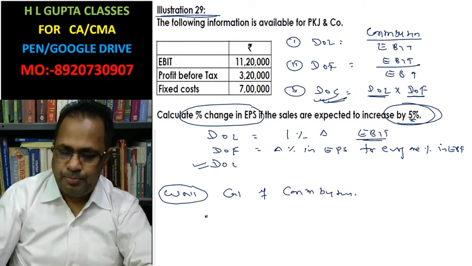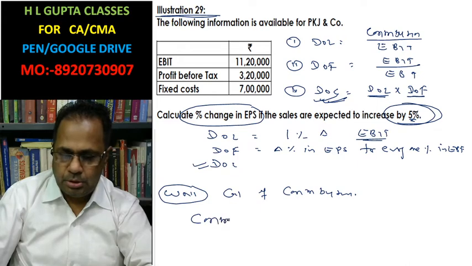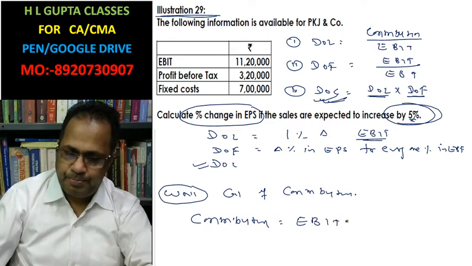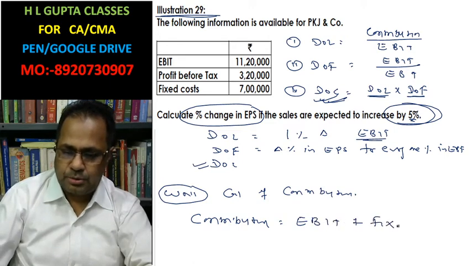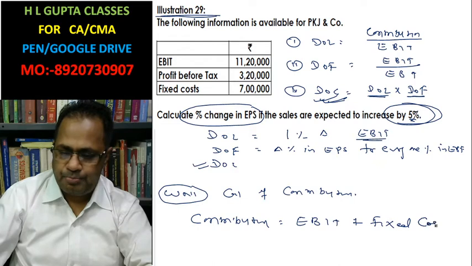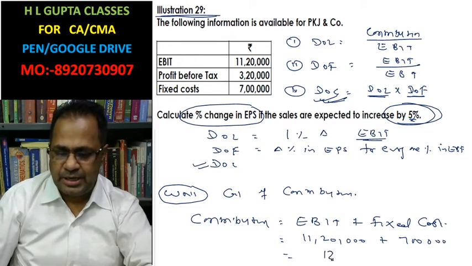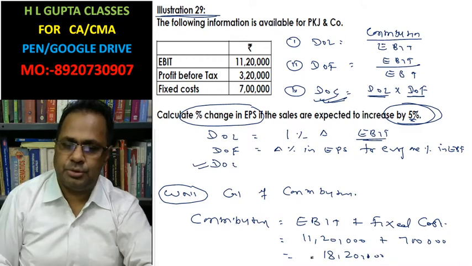Contribution equals EBIT plus fixed cost. EBIT you have 11 lakh 20,000 plus fixed cost you have 7 lakh. This is 18 lakh 20,000. Contribution is 18 lakh 20,000.